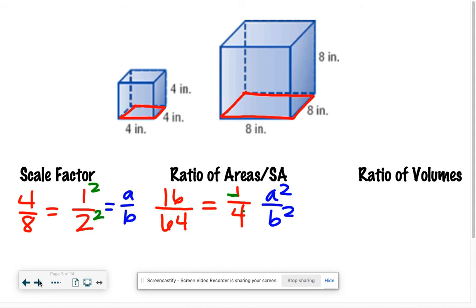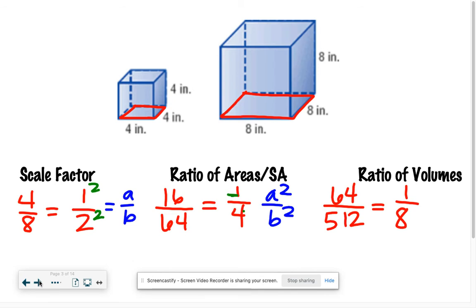Now our volumes. Okay, so we know the volume of a cube is base area times height, or 4 times 4 times 4 in this case, which is 64. And then same thing over there, 8 times 8 times 8 would give me 512. So now if we reduce that guy, we're going to get, let's see, 64 goes into 512 8 times.